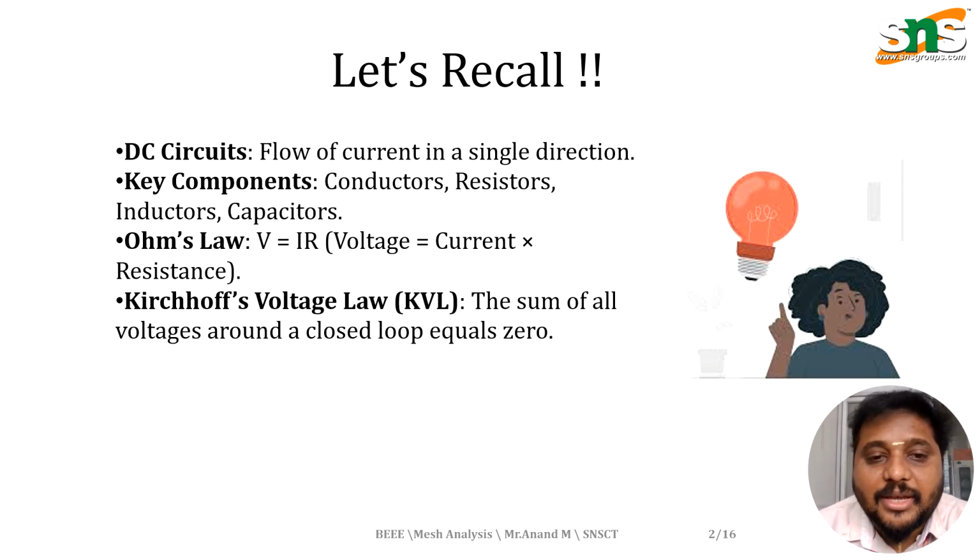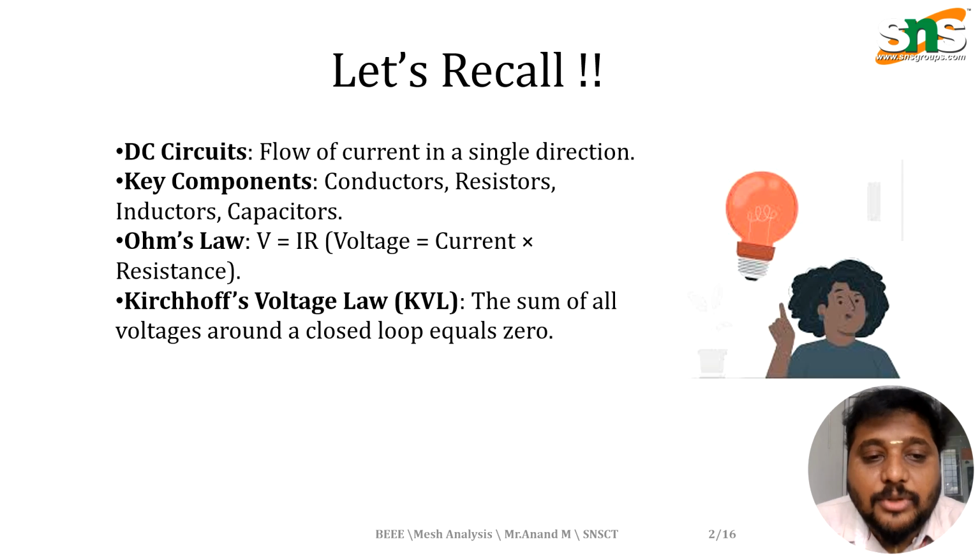A resistor is a device which opposes the current flow in a circuit. So based on the resistance value, it has some current opposition powers. Then inductor and capacitor are storage devices. Inductor is a current storage device. Capacitor is a voltage storage device.